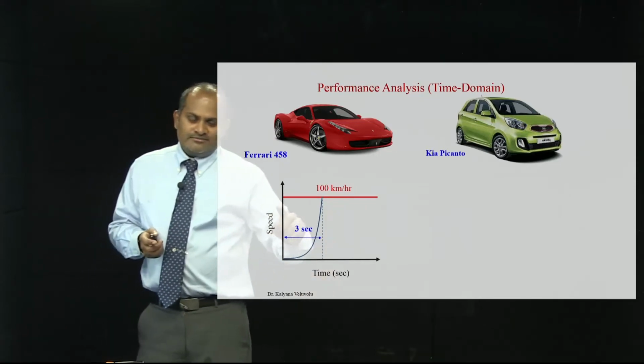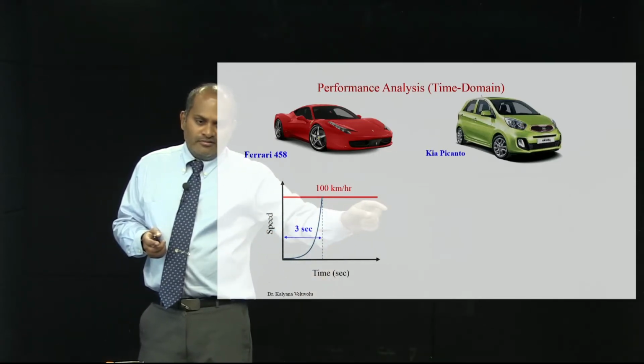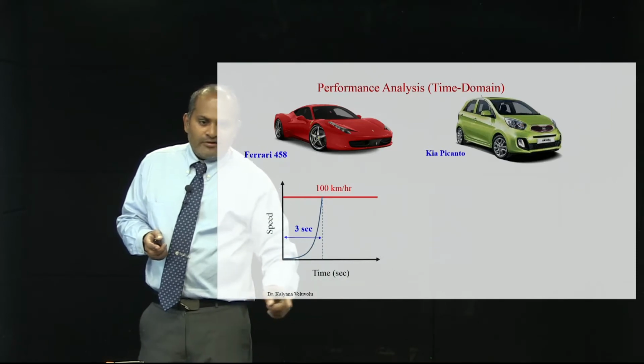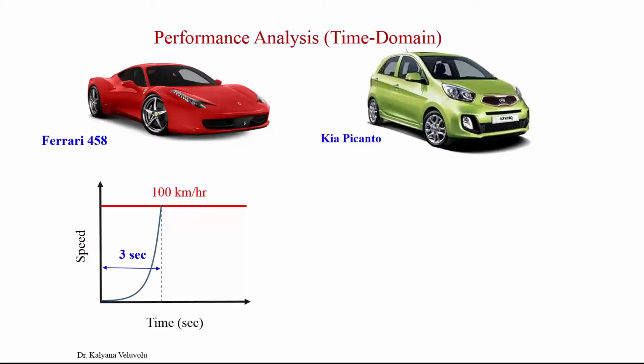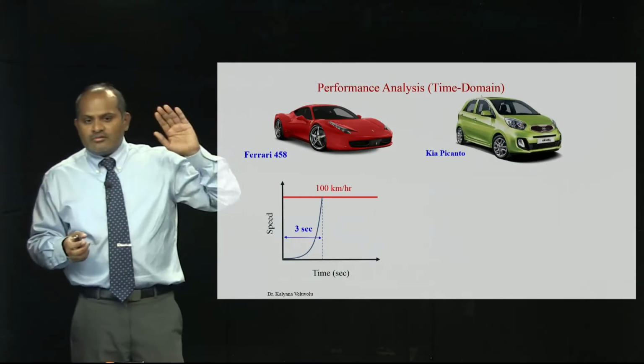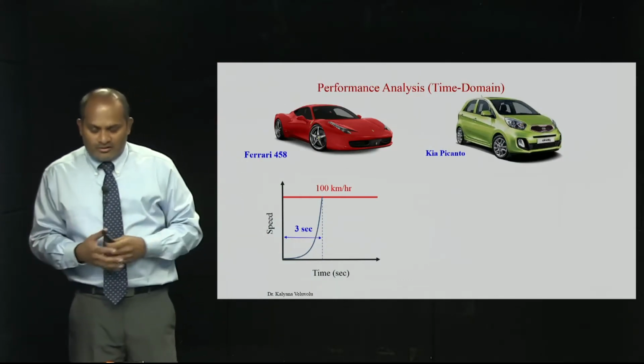This is the 100 kilometer speed line, and in the x-axis I have the time and you have the speed in the y-axis. So, if you see here, when I press the accelerator for the Ferrari, the speed increases, right. In 3 seconds, the Ferrari can beat the 100 kilometers per hour mark.